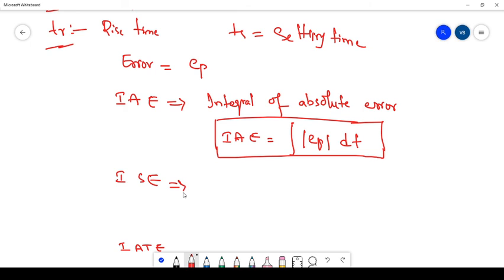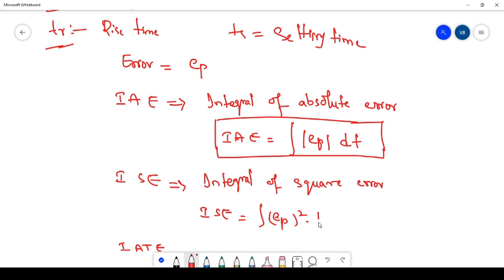What about ISE? It has a simple formula, the integration of square error. We need to square the error signal, so ISE is the integration of EP square dt.